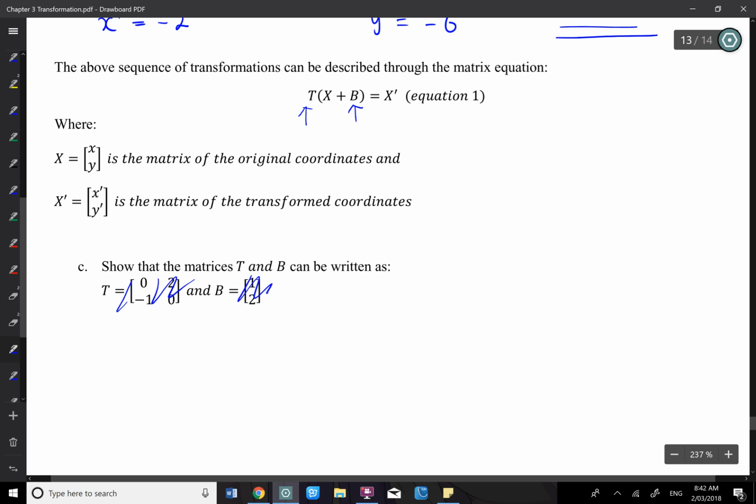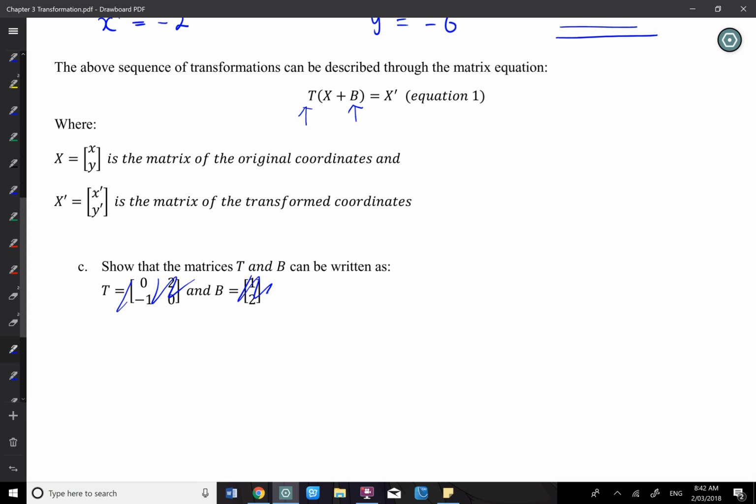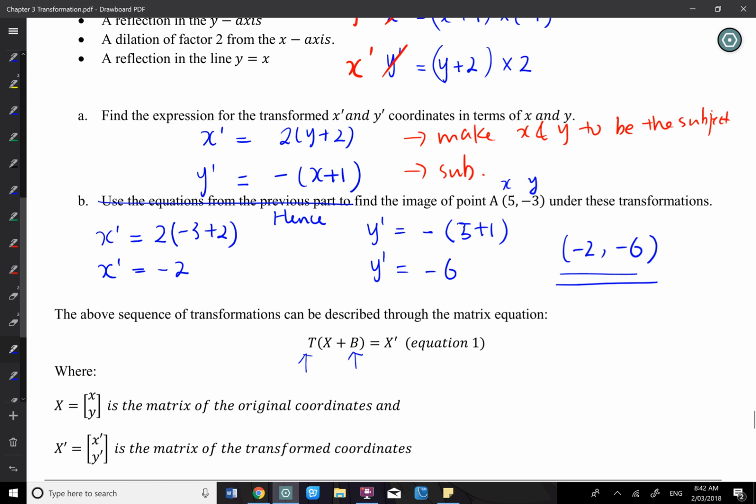This question is the same as find T and find B. You don't know what T is, you don't know what B is. You are asked to find it, and then the result you find should be the same as what is given. You can't just say, I sub that in, and I sub the coordinates (5, -3) in, and I test, oh, it's the same, I get -2 and -6. That's not working.